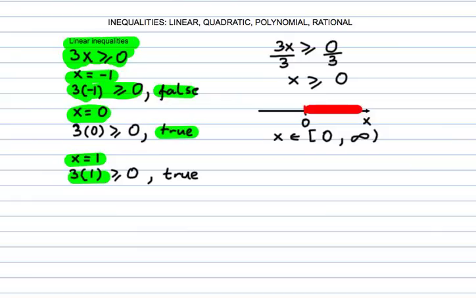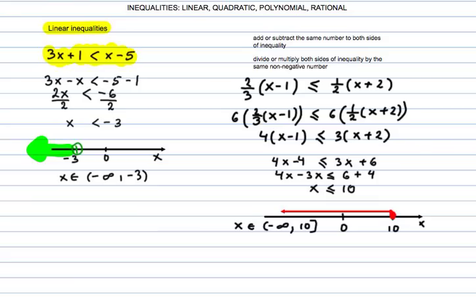Now we'll move on to a slightly different type of linear inequality. Okay, so this is the inequality 3x plus 1 is less than x minus 5.